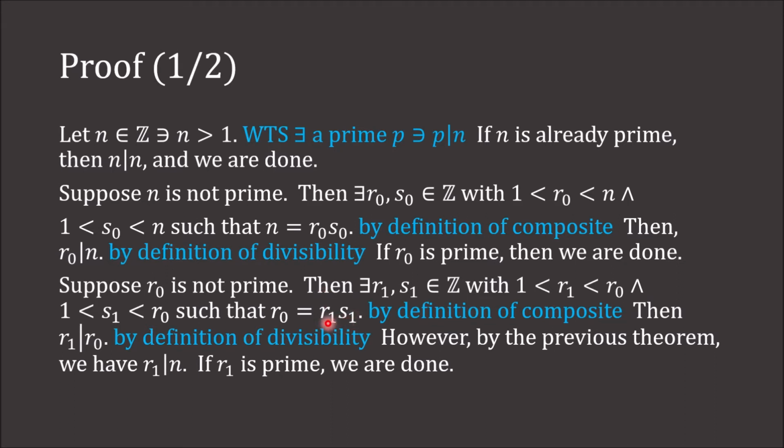Again, this is by definition of composite numbers. Well, then this means that r1 divides r0. However, by the previous theorem, which is the transitivity property for divisibility, r1 must also divide n, because r1 divides r0, but we've shown above that r0 divides n. Now, if r1 is prime, we're done.